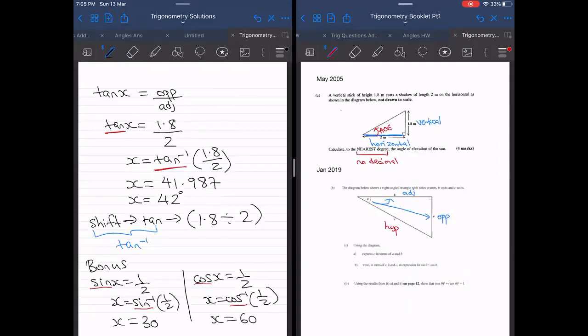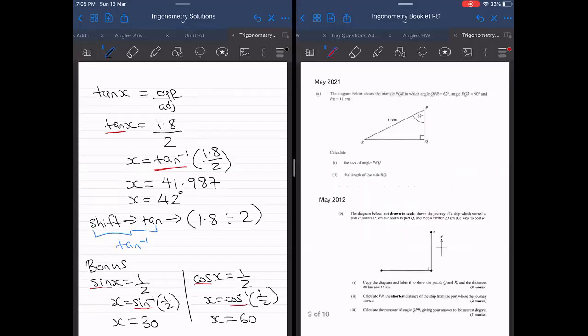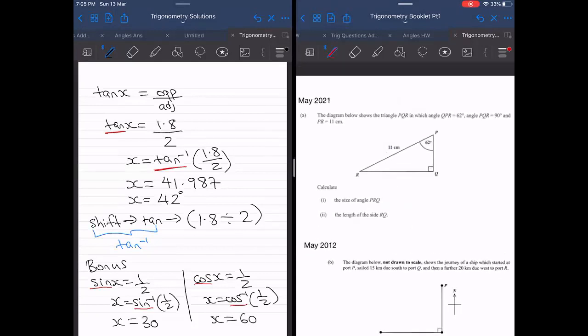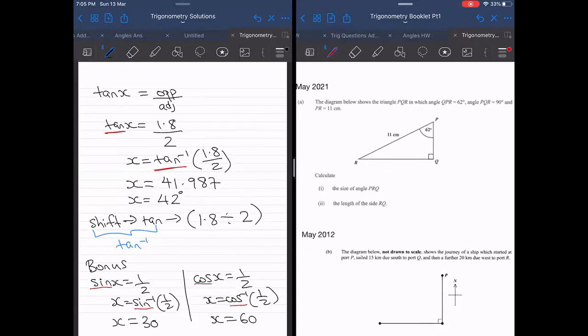All right, so while I wait on explaining to other persons, those who are finished, try May 2021. If anybody else needs me to go to a specific page, let me know.